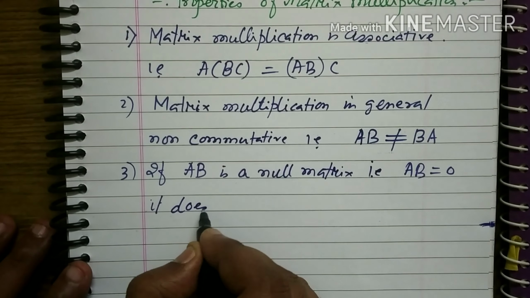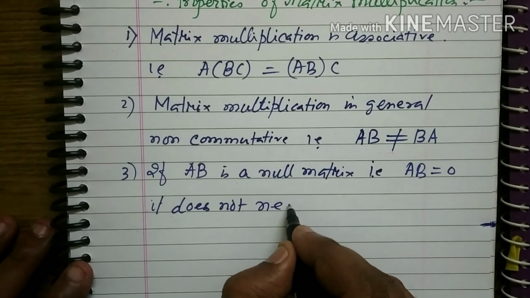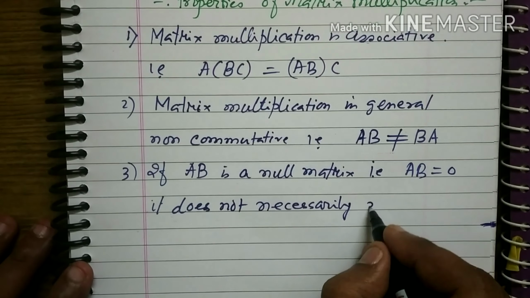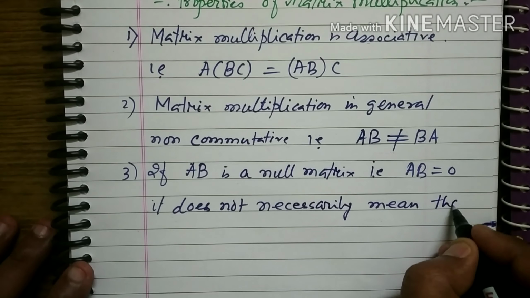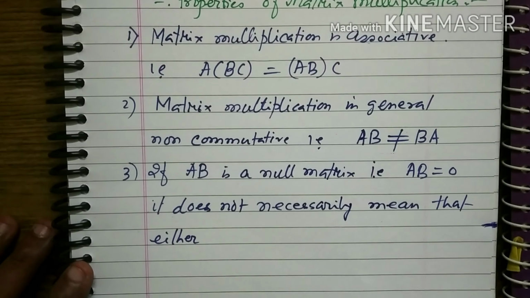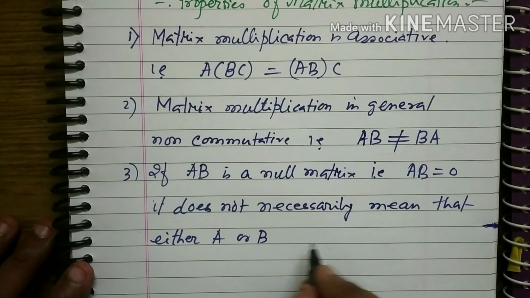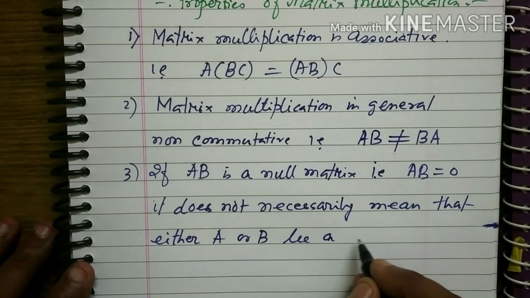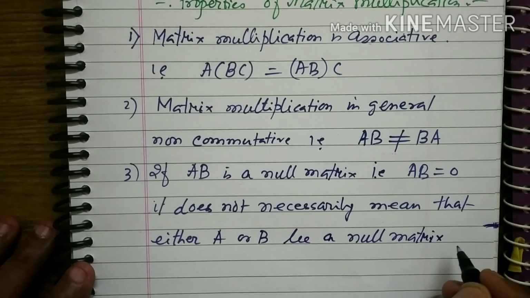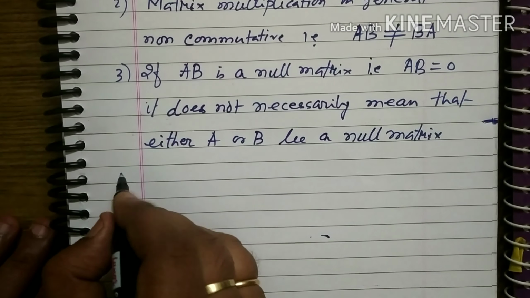It does not necessarily mean, and this is the most important part, that either A or B is a null matrix. This is very, very important information. Clear?